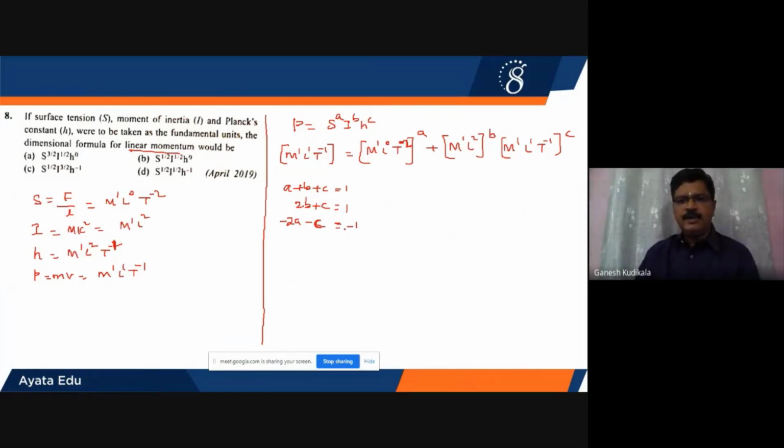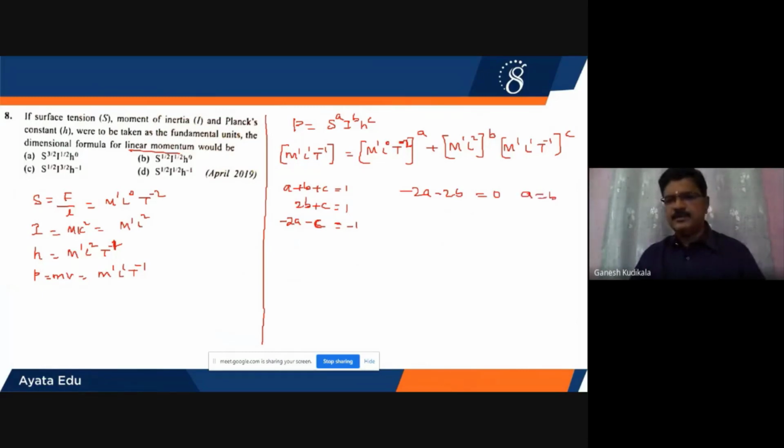Now we have to eliminate the values. We have to find the values of A, B, C. So in that case, let us add the third and second equations. When I'm adding the third and second equations, here minus 2A minus 2B I'm going to get, C and C will get cancelled, equal to 0.